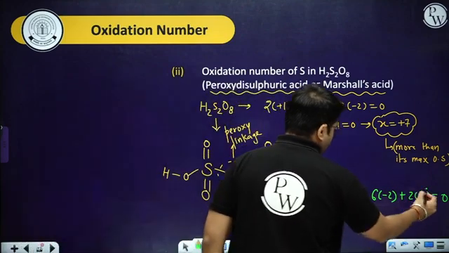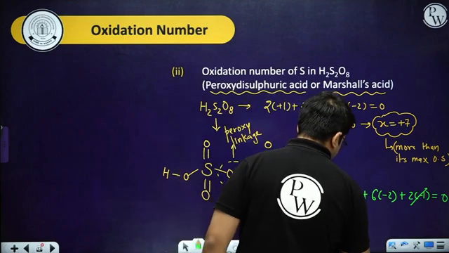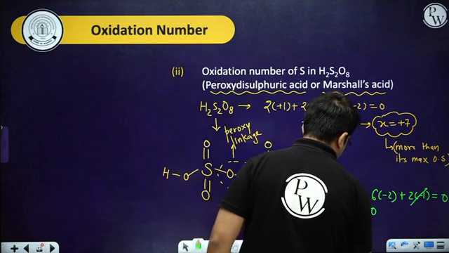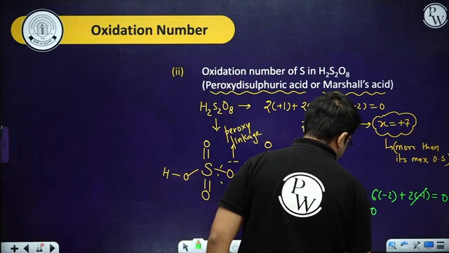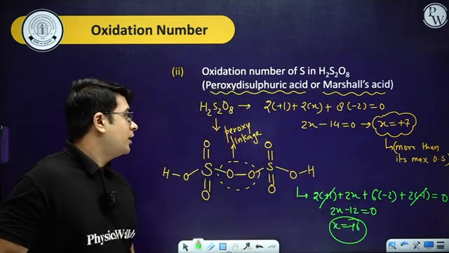So this -2 is going to be cancelled out with this +2, and 2x minus 12 will be equal to 0, x will be equal to +6. Again that will be +6 only. I hope this part is clear.